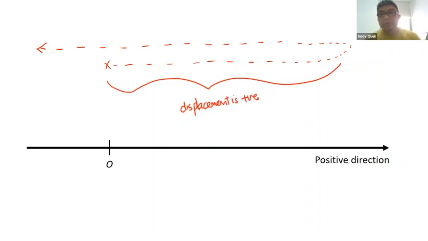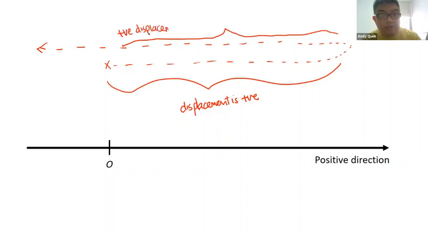All right, it comes to a stop and then it starts moving backwards. Now, in the second leg of its motion, the first part is actually still positive displacement until it returns back to the origin. And if it goes past the origin, then we will start saying that the displacement is negative.